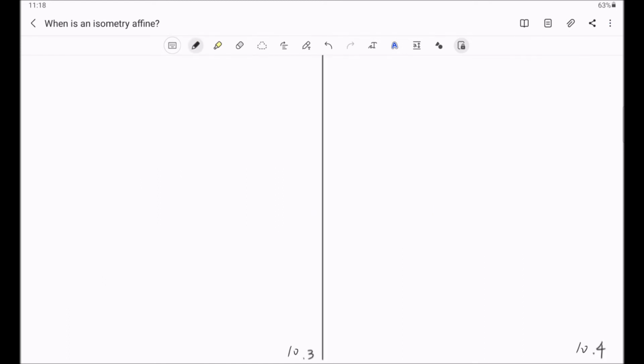Okay, so now let us look at the L1 space and L infinity space. And we will show that they are not strictly convex in general.